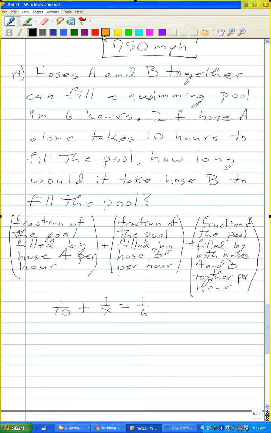Let me multiply both sides of my equation by 30x. And so I get here 3x plus 30 equals 5x. Subtract 3x from both sides of my equation.